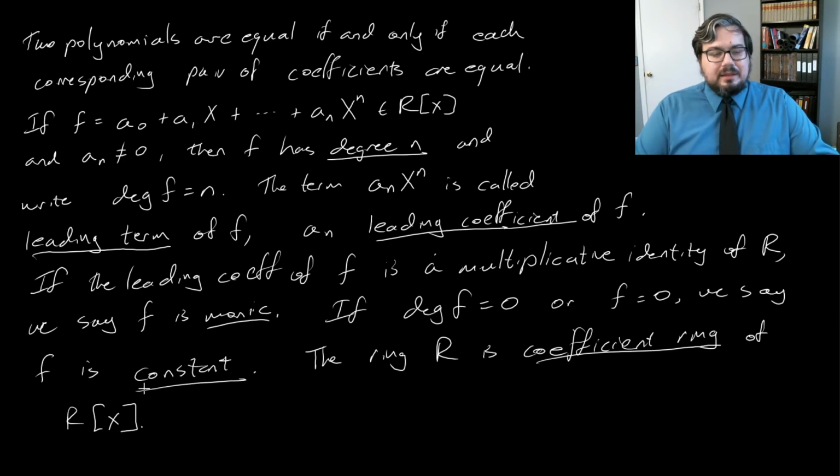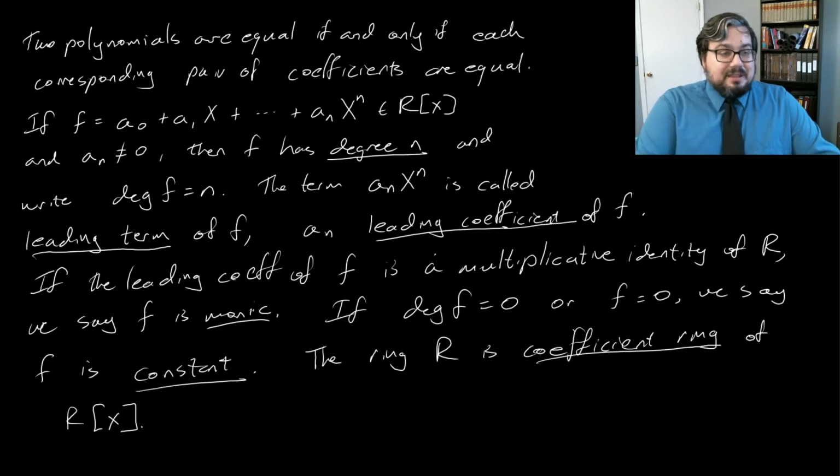The other thing that I want to mention is that you'll notice that our definition of degree here doesn't apply to the 0 polynomial. The zero polynomial is one in which all of the coefficients are 0. And so it can't be written as some sequence a0 plus a1x up through an x to the n with an not equal to 0.